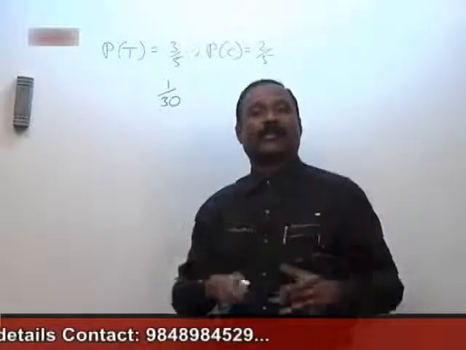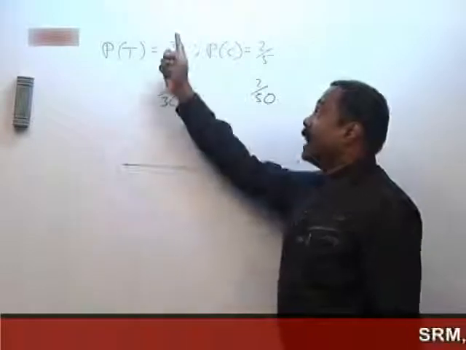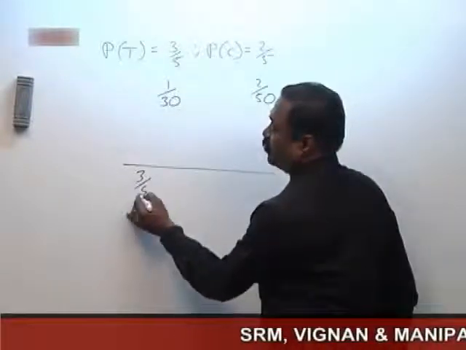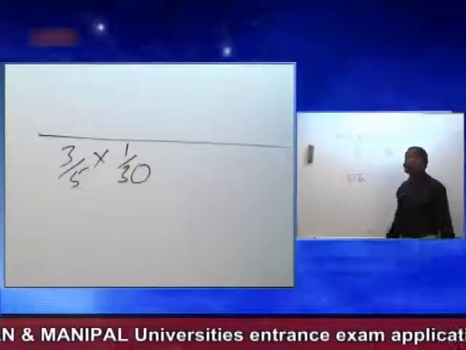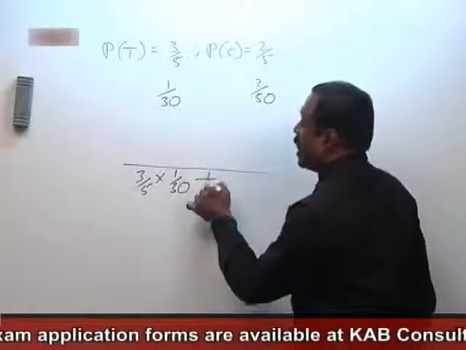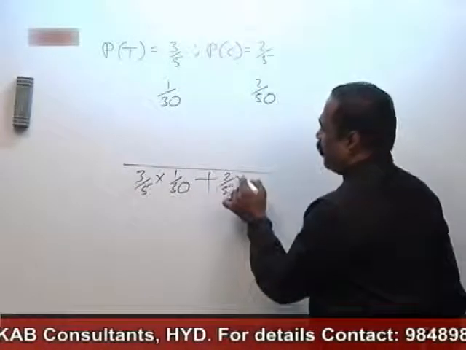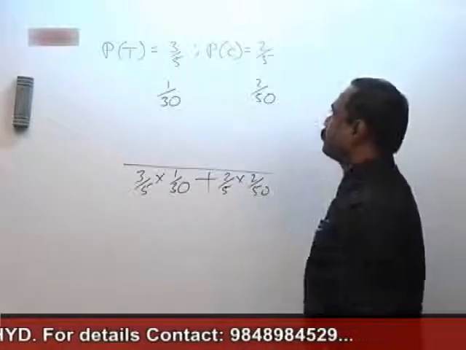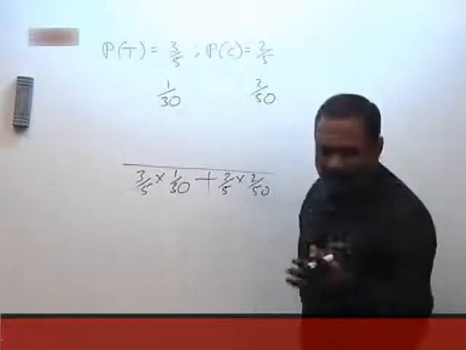That is why the total probability comes now. The total probability, getting a truck into the petrol pump, is 3 by 5 into 1 by 30. Simple. The favorable probability will come to the numerator, the total probability will come to the denominator, plus getting a car is 2 by 5 into 2 by 50. And what is the question there?